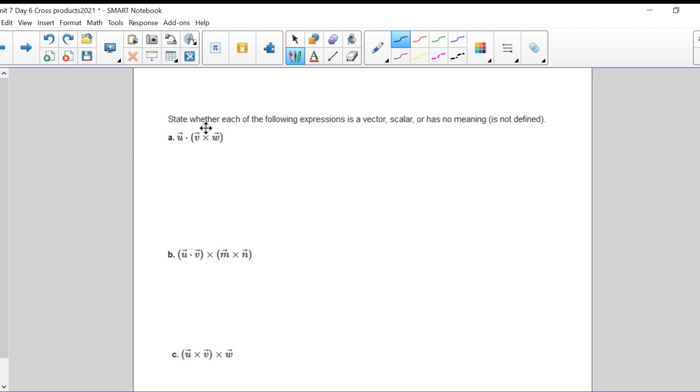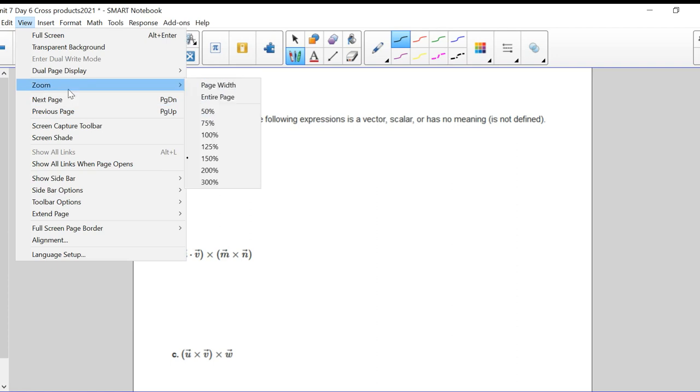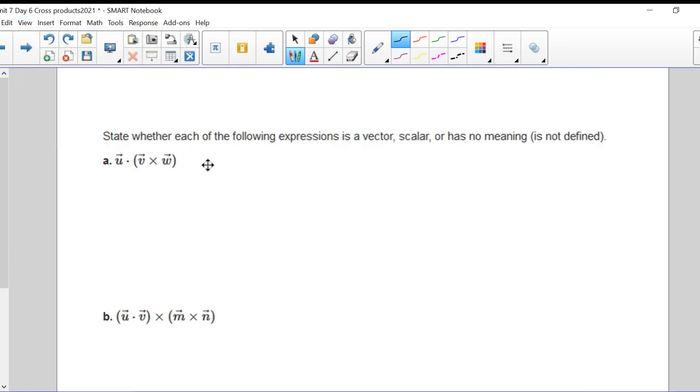Okay, now here's an important one, let me make this bigger because I know the writing on this looks a little small. Let's just talk about whether any of these things are actually possible. It says state whether each of the following expressions is going to give me a vector, a scalar, or is not even defined. It can't be done.